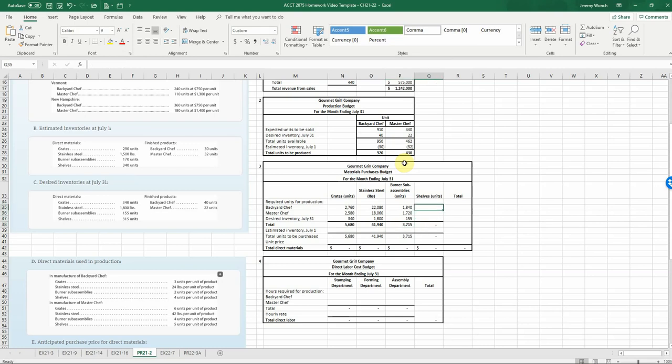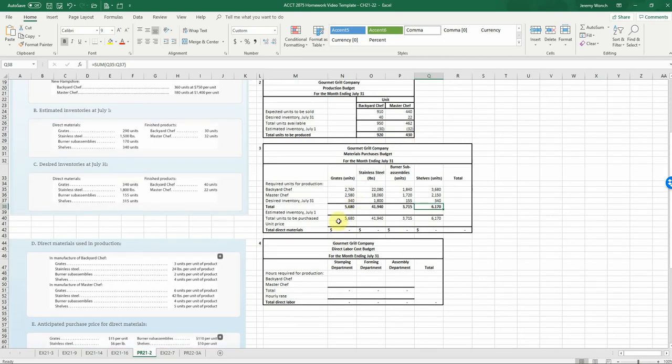All right, so for shelving, for the Backyard Chef, 920 units at 4 shelves. For the Master Chef, 430 units at 5 shelves, and we want to have 340 shelves in ending inventory.